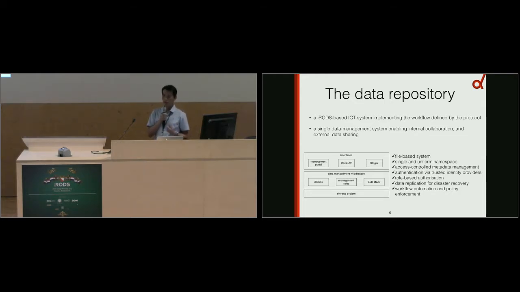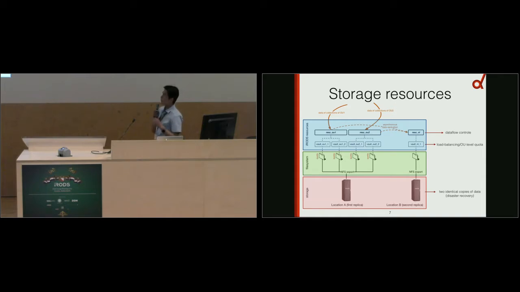Authentication via trusted identity providers, role-based authorization, data replication for disaster recovery, and of course, with the rule engine, we can perform some workflow automation and policy enforcement. So these are the 3 layers and the components in each layer. In the following slides, I will look into each component and highlight our usage of iRODS, starting with the storage system.